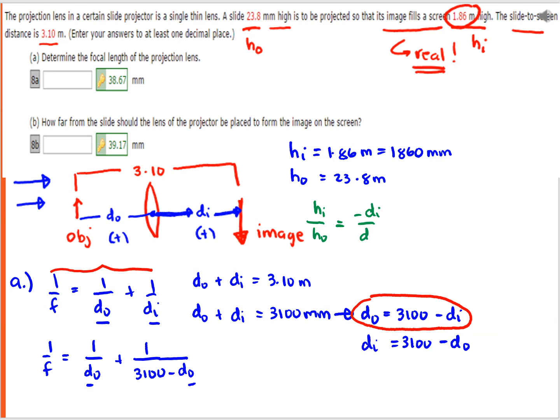Now, since the image is inverted mainly because it's real, then we are going to substitute the following values. So we will have negative 1,860 divided by 23.8 millimeters. There should be millimeters here.